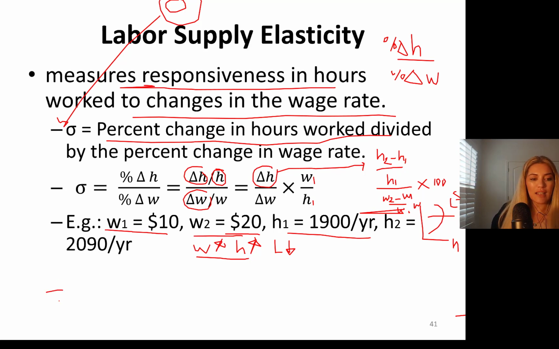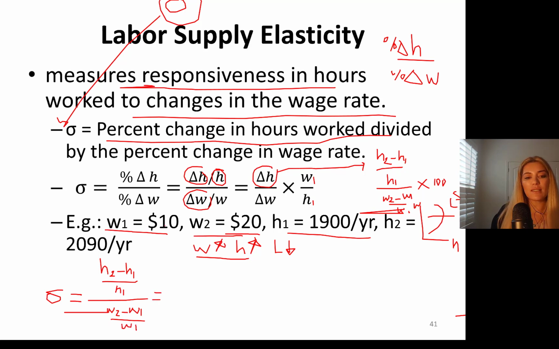Let's calculate the labor supply elasticity. We're going to do final hours minus initial hours divided by initial hours, everything divided by final wage rate minus initial wage rate, divided by initial wage rate. So you have to label everything. Initial wages $10, final wages $20. I'm going to start with the numerator, the top part.